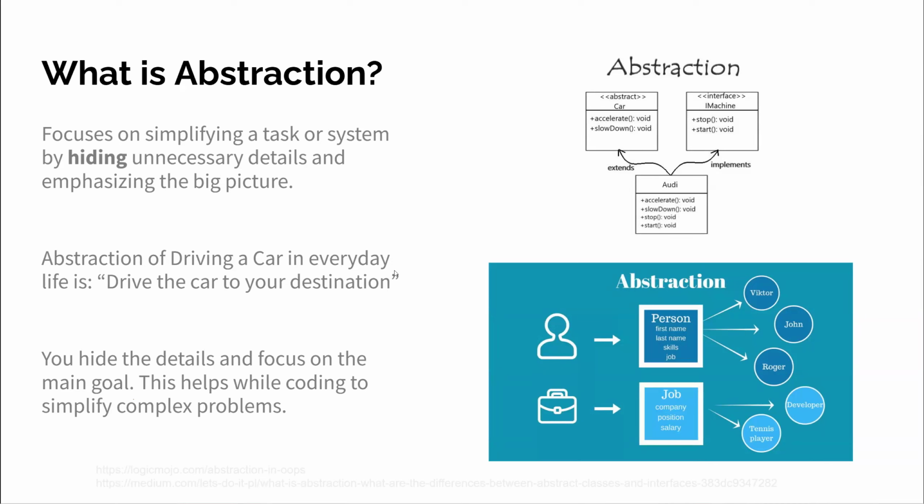Let's say you have a task to make a travel agency, for instance, and you are provided with different destinations and a vacation plan to make. So you hide unnecessary details, like where this destination is, how the transportation is done, like train and car and all that.